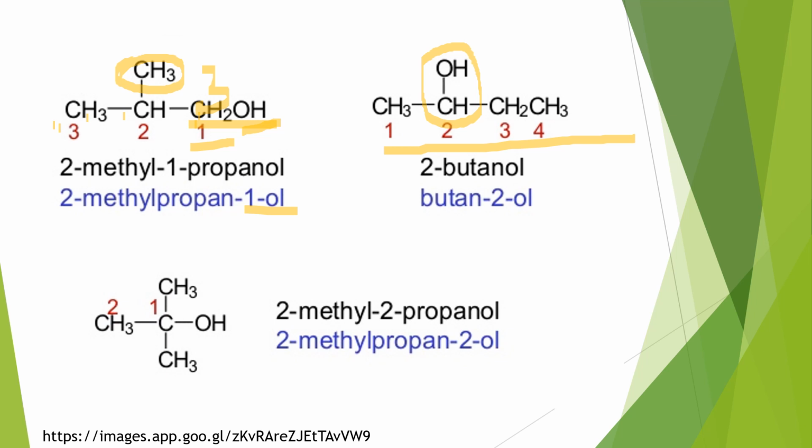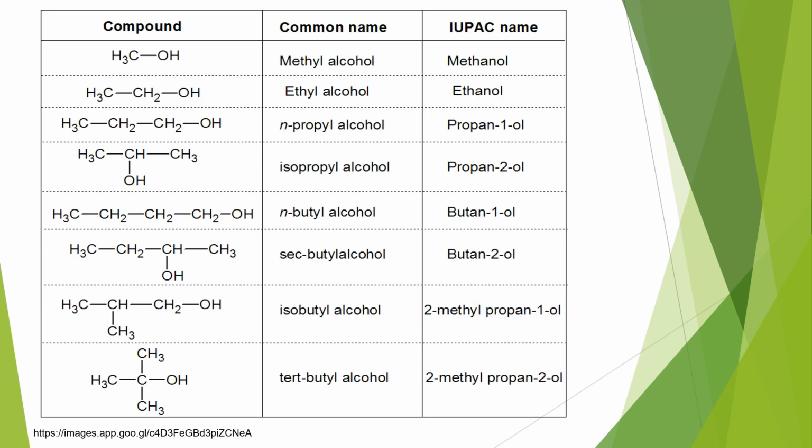So butane-2-ol. There is no other substituent except the hydroxyl group, hence it becomes 2-butanol, or in other words butane-2-ol. Similarly, there are a number of examples which you can follow to name those alcohols. So let me move on to the next.